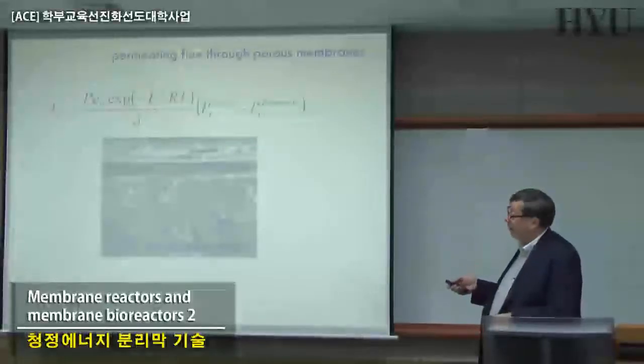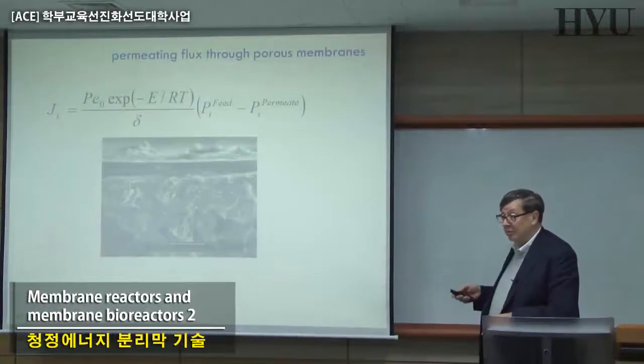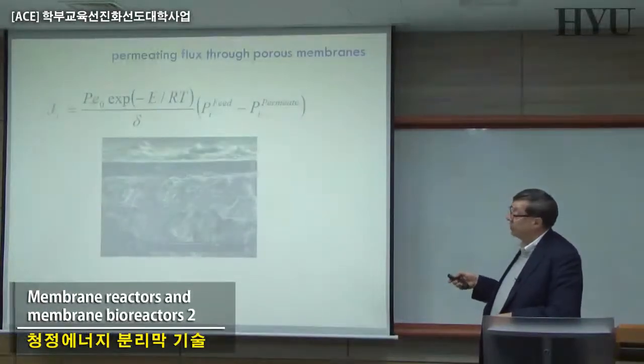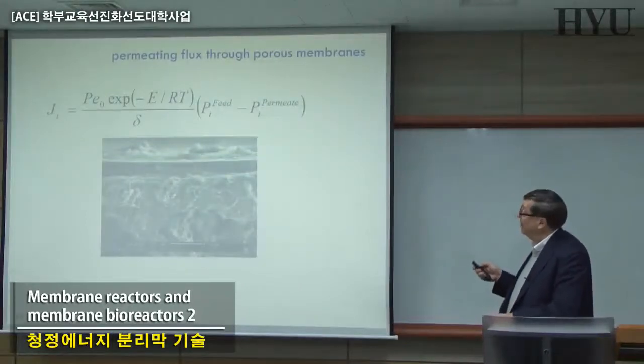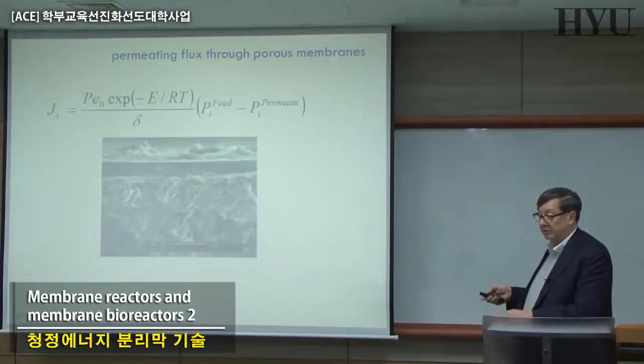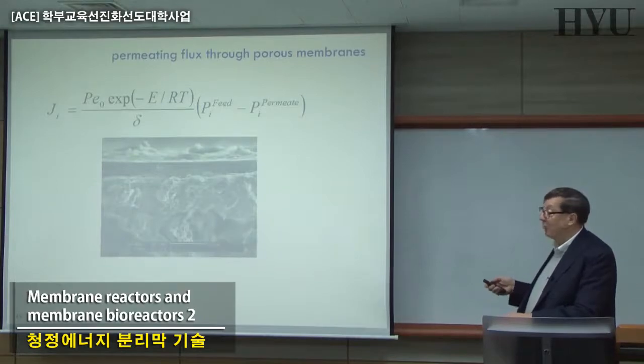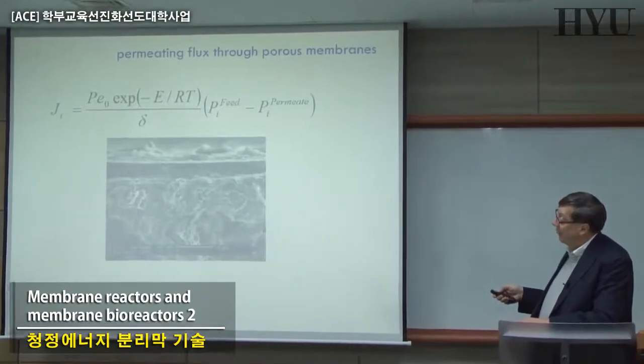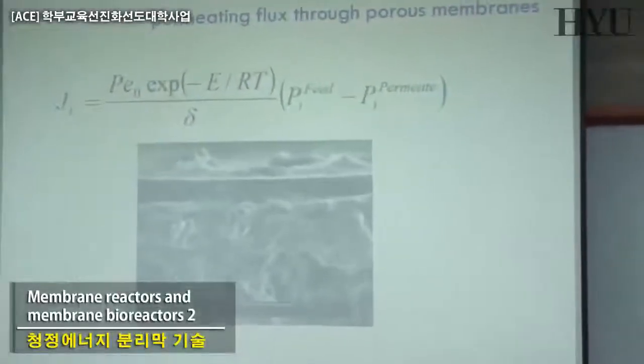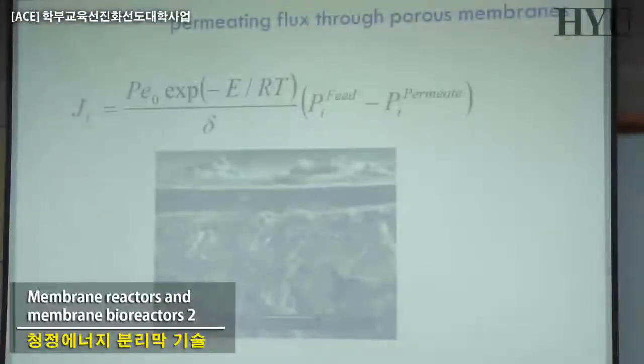If you want to check the behavior of your flux as a function of the temperature, that's a typical expression that we can use, and it is basically an activated phenomenon in which we have again our flux proportional to the driving force. But if we change the temperature, this is the term we have to assume, which is a typical Arrhenius behavior.